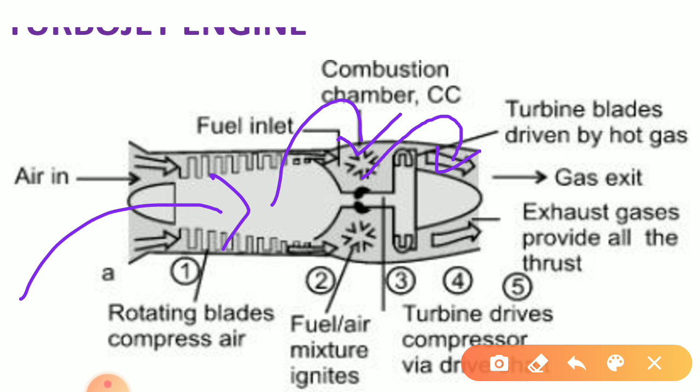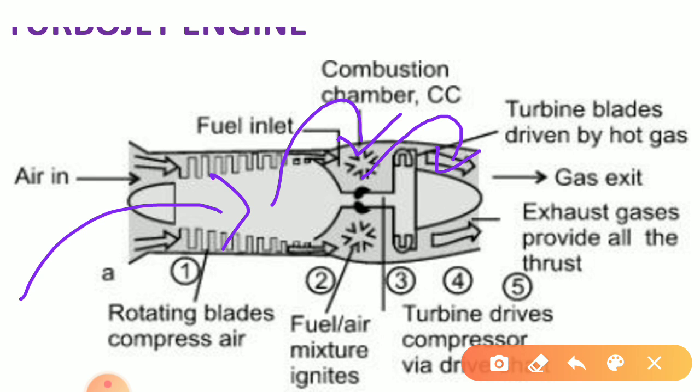Expansion of the gases takes place when they are fed on the turbine blade, and power is produced by the turbine. The power produced by the turbine is used for driving the compressor and other necessary units, because the turbine shaft is coupled with the compressor shaft.